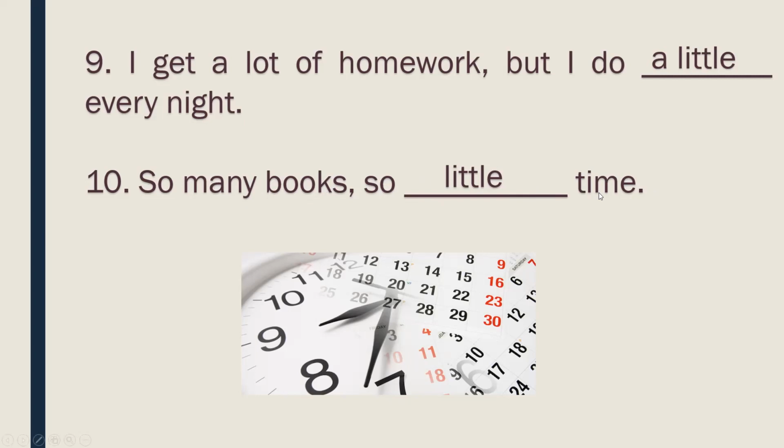I can't count, and I'm saying that I don't have time enough to read all the books I have. Okay, so this is the idea I want to give. Little, I use for uncountable. Small amount, uncountable.